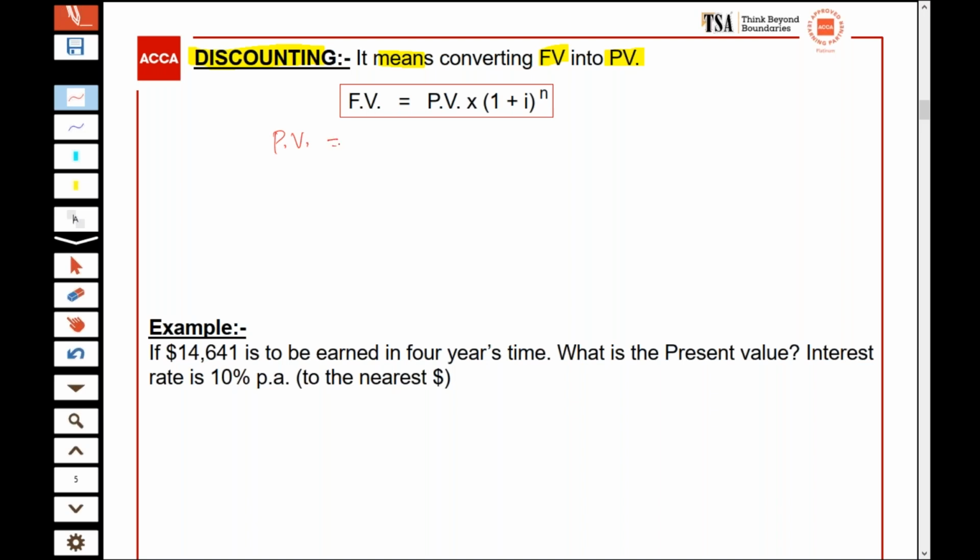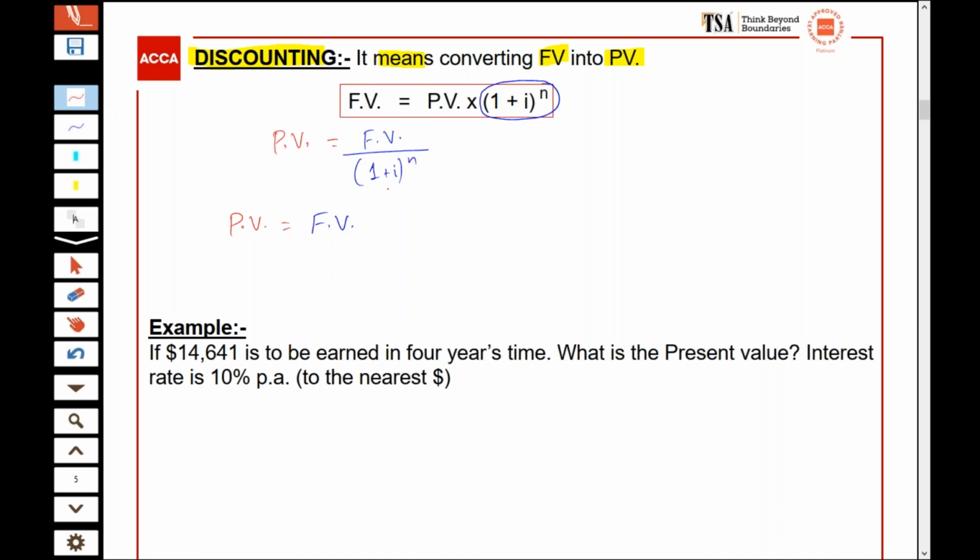And how do we calculate present value? See, this figure is being multiplied, and it will be future value divided by (1 plus i) power n. This is a simple mathematical trick: whenever something is in the denominator and in that particular figure there is a power, making it more simplified, present value is equal to future value.